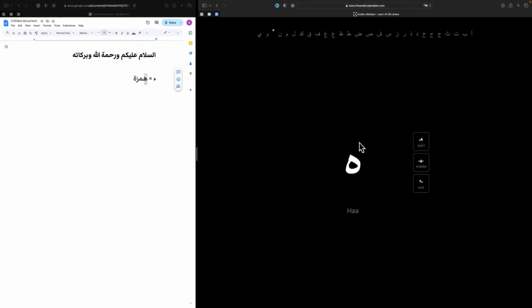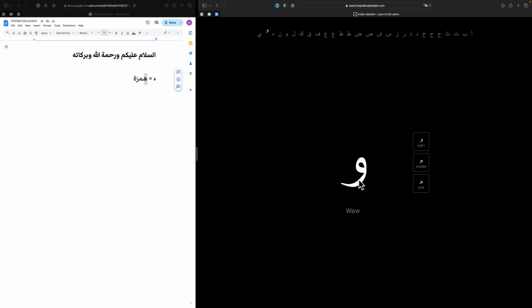Next is Waw. I forgot. This one is equivalent to the letter H. Ha, ha, ha. House, home. This one is Waw, which is equivalent to the letter W in English, but it functions a little differently in Arabic.